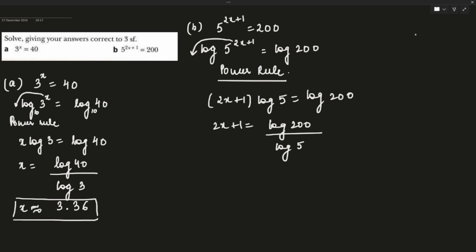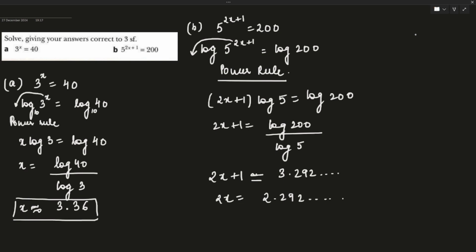Now when you use your calculator, you'll find the approximate value of this will be 3.292 and so on. You'll get the value of 3.292 when you divide log 200 upon log 5. So 2x is equal to 2.292 and so on, when we subtract 1, as 1 goes to the right hand side.